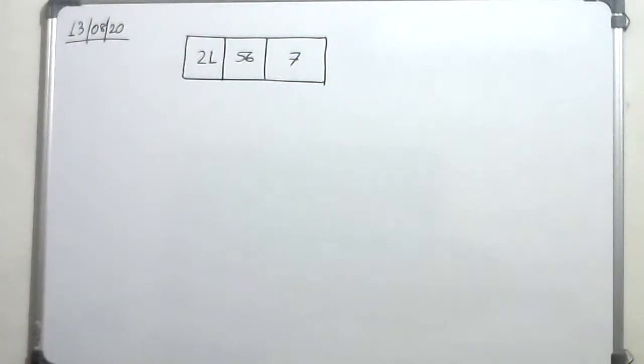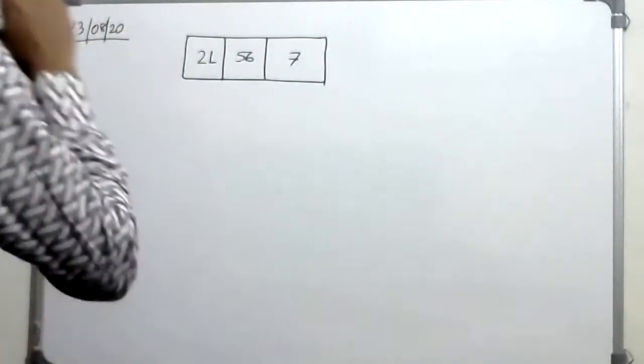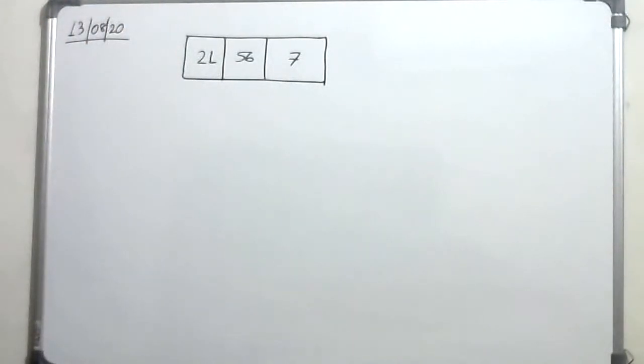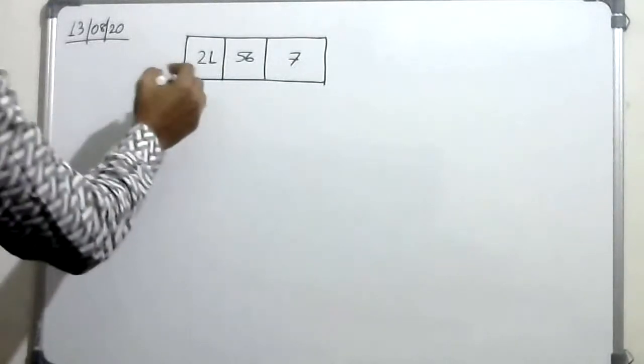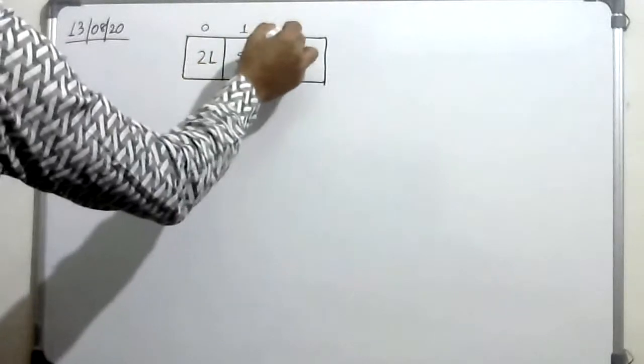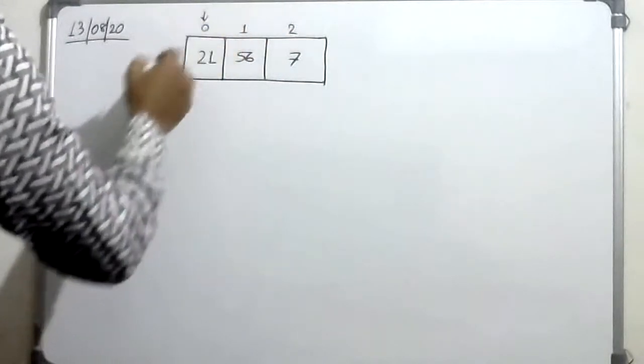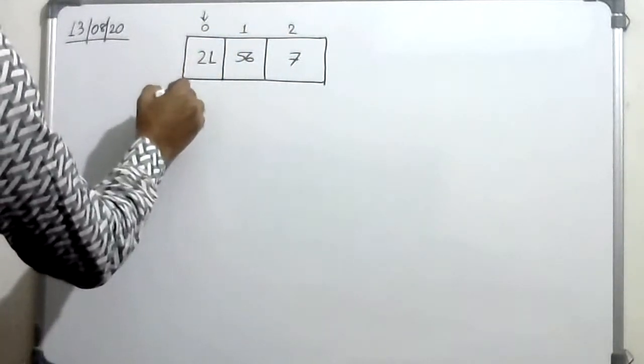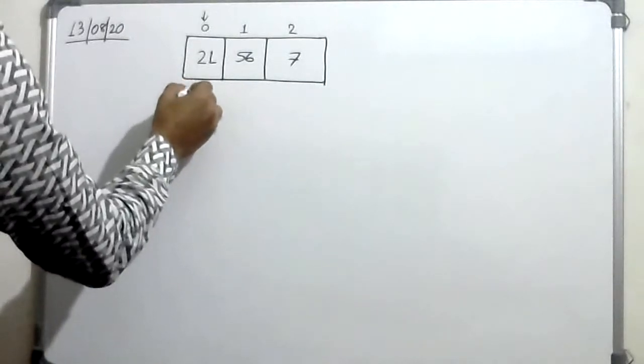This is just an arbitrary array. The thing that I want to highlight is that, let's say in physical memory inside the computer, this particular location, which is indexed as 0, starts at, let's say, location 7000.